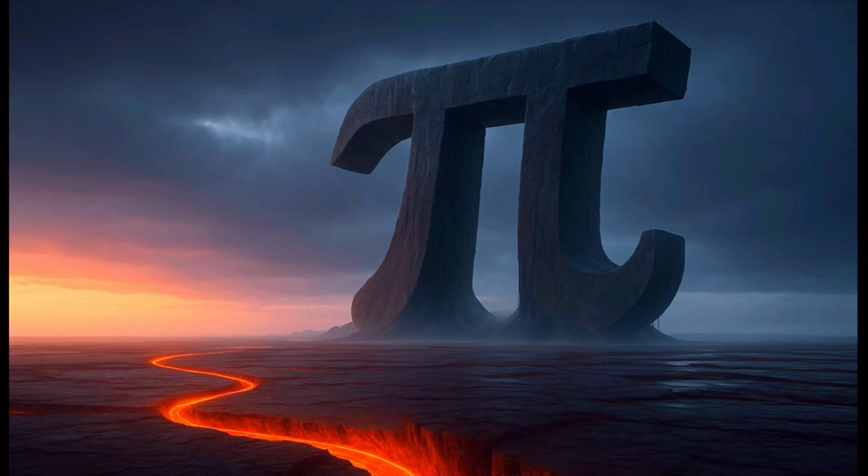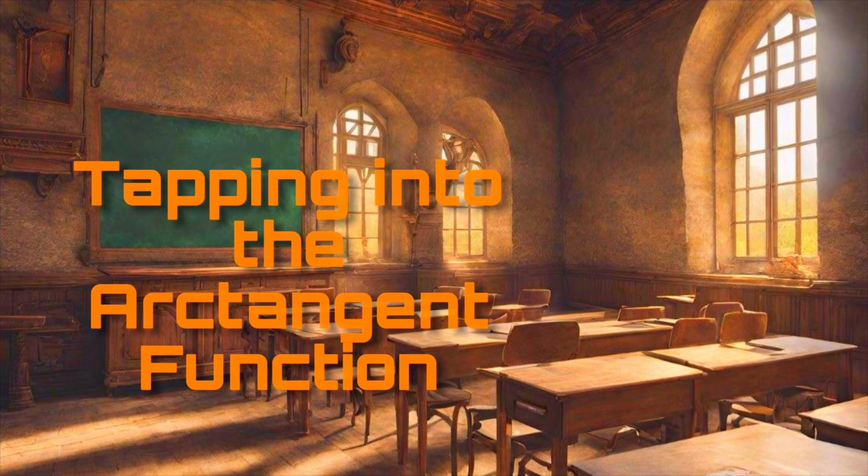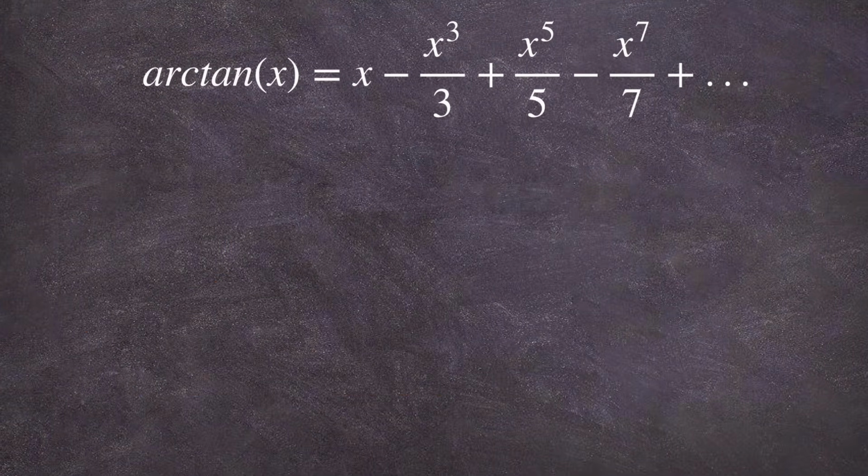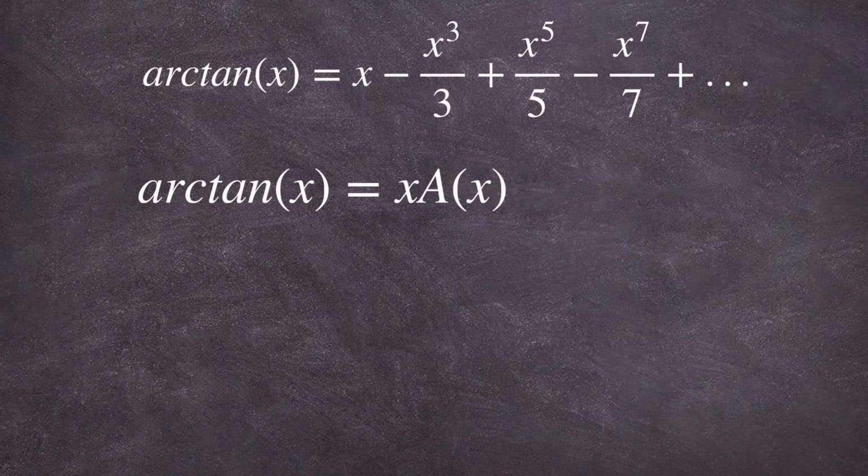That's right, in celebration of Pi Day, let's find the continued fraction for pi by tapping into the arctangent function. In a similar spirit to e to the x, we take the arctan power series and factor out its leading term, yielding a new series, a of x.